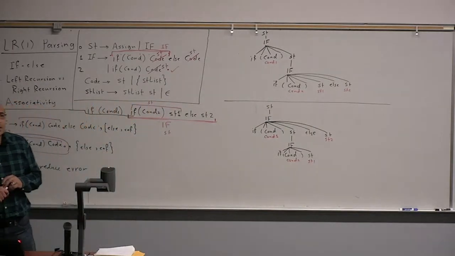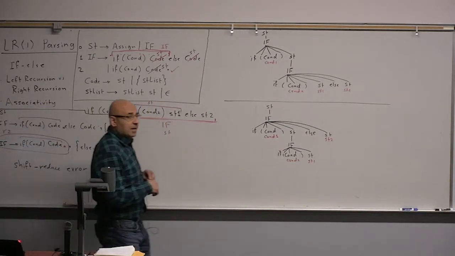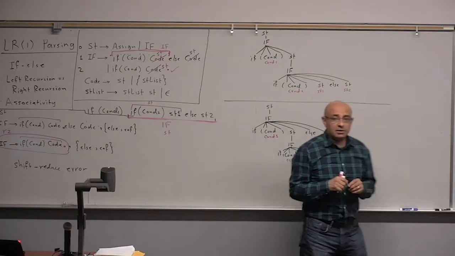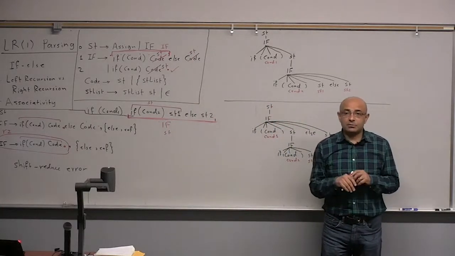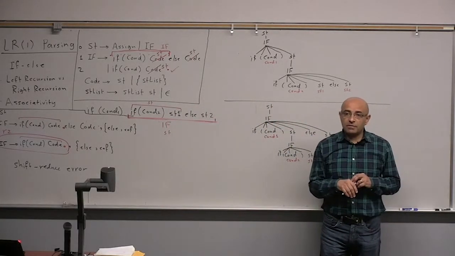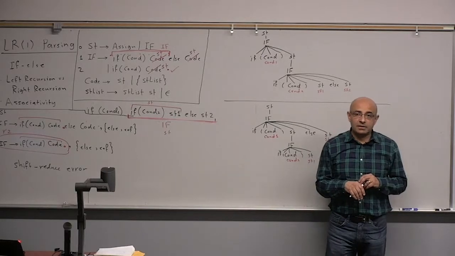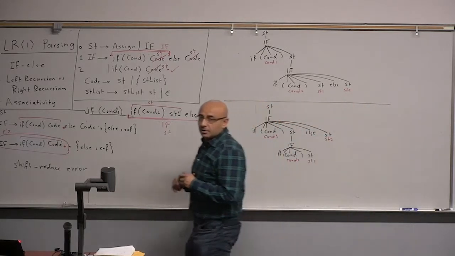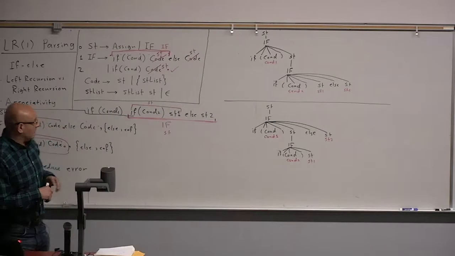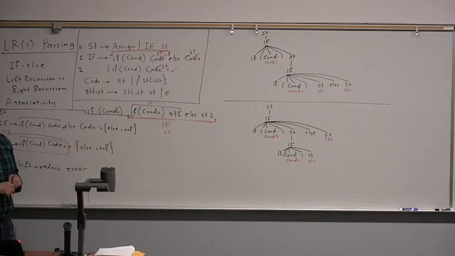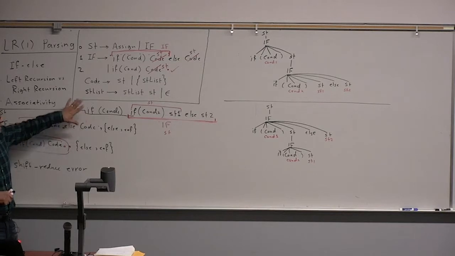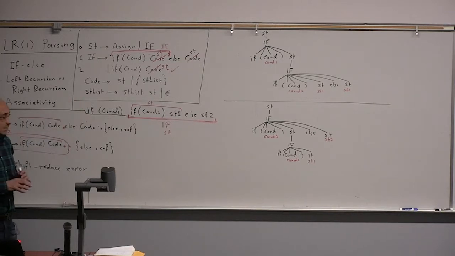It will just do the default resolution of the conflict, which is in favor of a shift rather than a reduce. Okay, so this is just to be aware of the shift reduce error, and a typical example for this is the if-else statement.